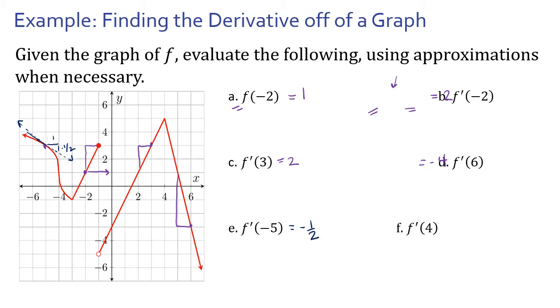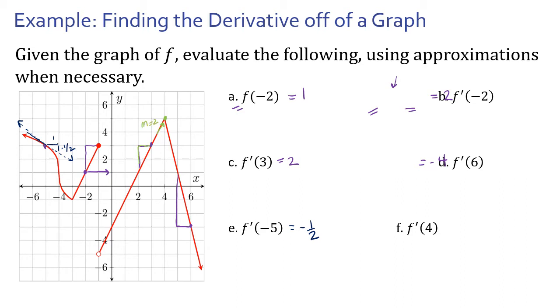And now if we looked at what was happening with the derivative of the function at 4. So when x equals 4, we're right here. Now, if I'm trying to find that rate of change, I'm going to run into a little bit of an issue because as I approach it from the left, that rate of change is positive. It's up 2 over 1.